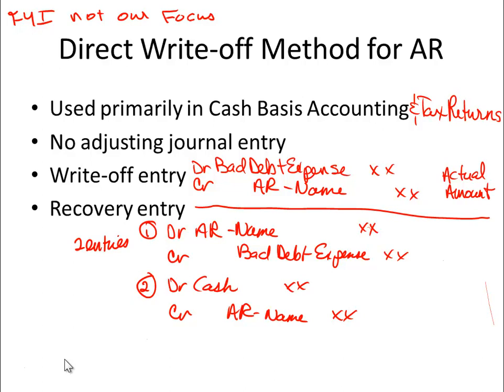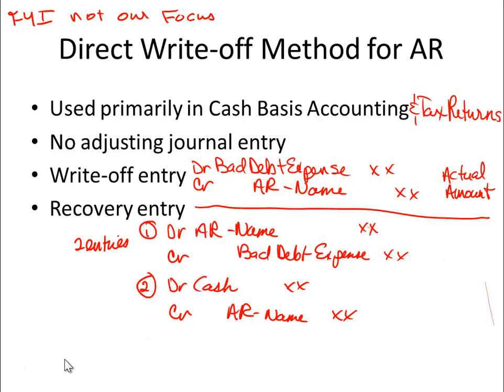So for tax return purposes, there is no estimate or adjusting entry at the end of the year to estimate bad debts. We only make entries when we know the customer's name who is not going to pay us, and we do a write-off entry, which is debit bad debt expense, credit accounts receivable, I know your name, for the actual amount.